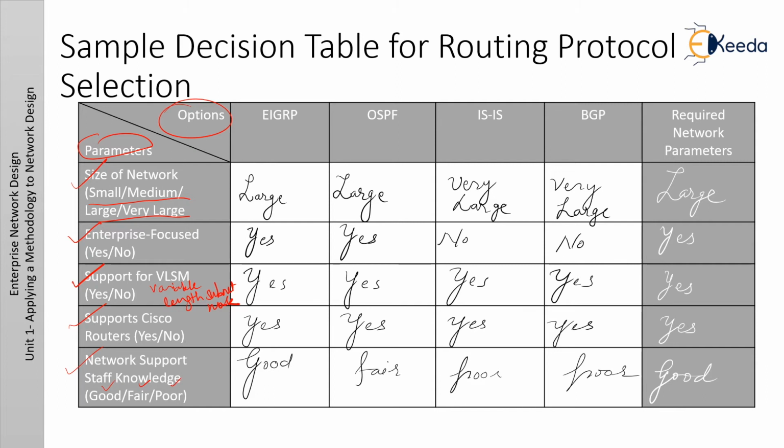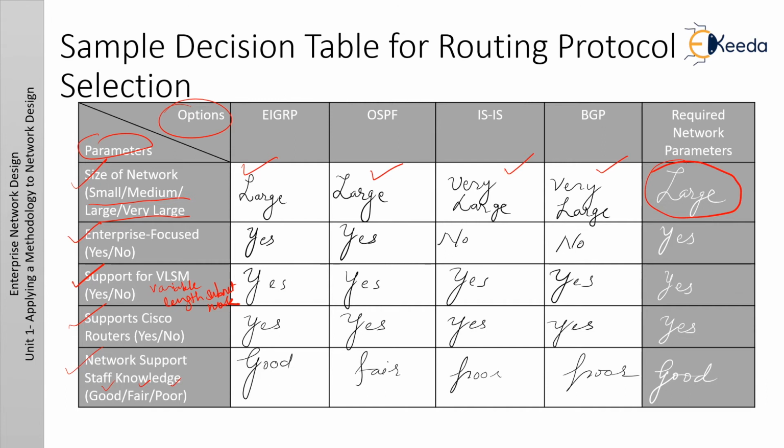So on the basis of these protocols, we conclude. Like EIGRP, the size of network is large, fine. For OSPF also the size of network is large, and in case of ISIS it is very large, and BGP is very large. The required network parameter is large, fine.